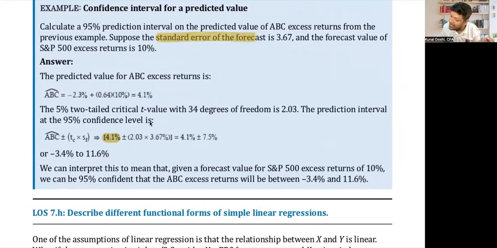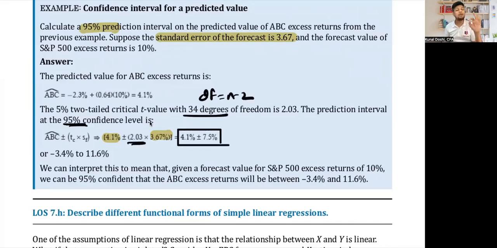For which the standard error they've given is 3.67, and for 95% predicted value, you will go for T with degrees of freedom n minus 2. So if I go with n minus 2 degrees of freedom, 36, and 95%, I will get this value. Based on this, you will find the confidence interval. No problem. It's the exact same way that you did it in sampling.